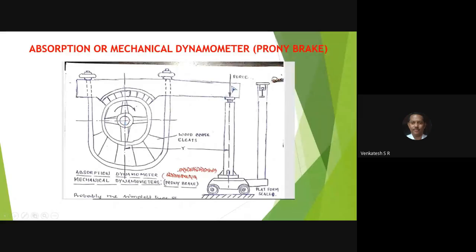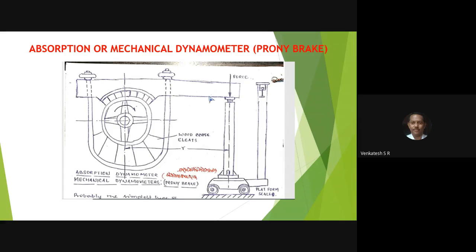The force exerted on the platform can be measured in the platform scale, that is the torque in terms of kg meter. All of you observe here, this is the force, the perpendicular distance, the distance from the center of the shaft to this platform scale, this is the radius.